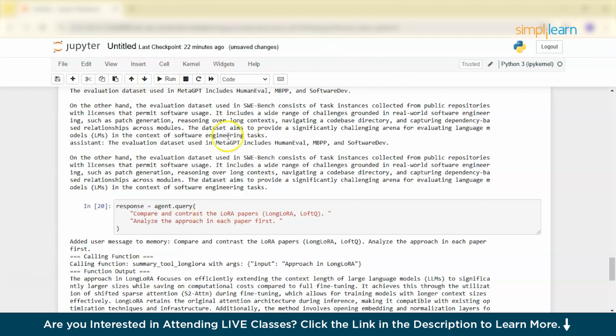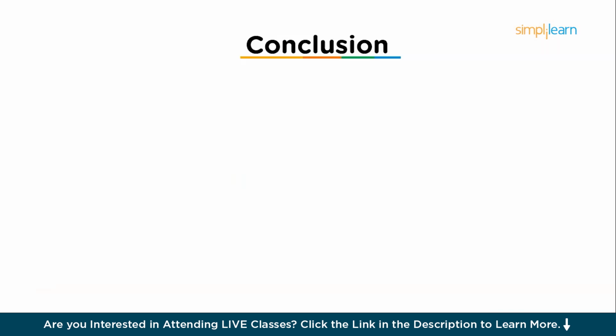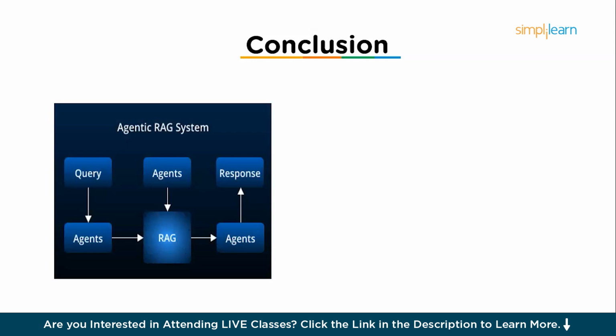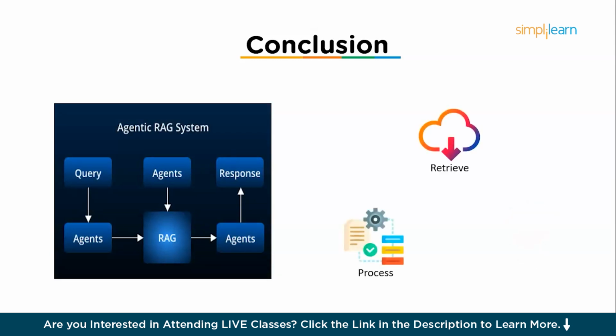So down the line, let's conclude this course. So guys, throughout this journey of building the Agentic RAG applications, we have explored how to enhance AI's ability to retrieve, process, and reason through complex information dynamically.